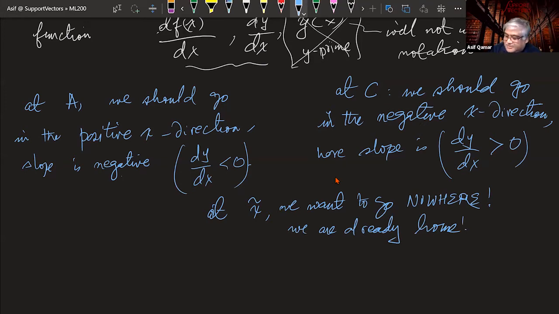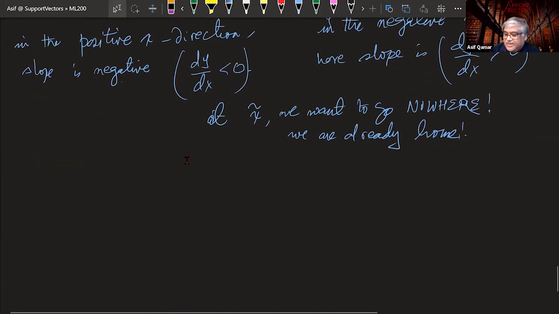So observe. At any given point, to minimize the function, the next value of x should be the previous value of x minus something. In this case, you want to move in the positive direction, but the slope is negative.